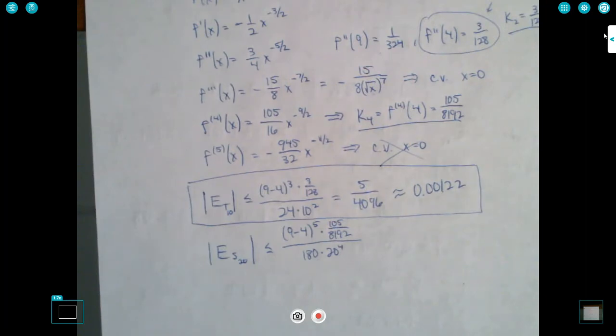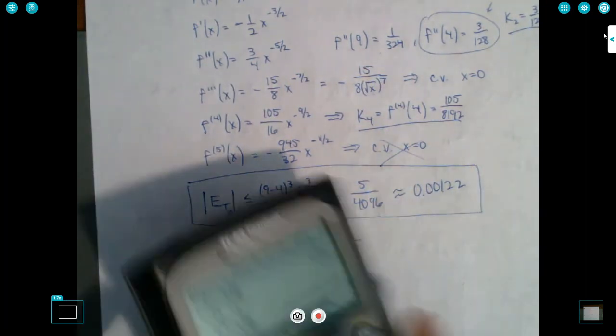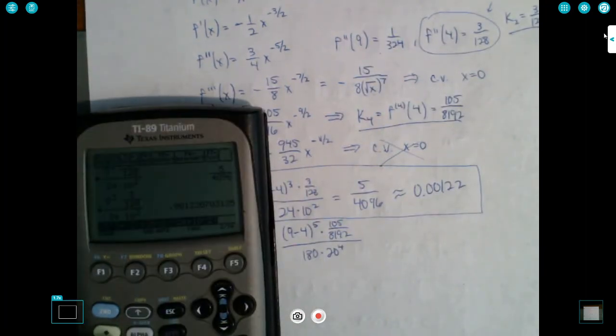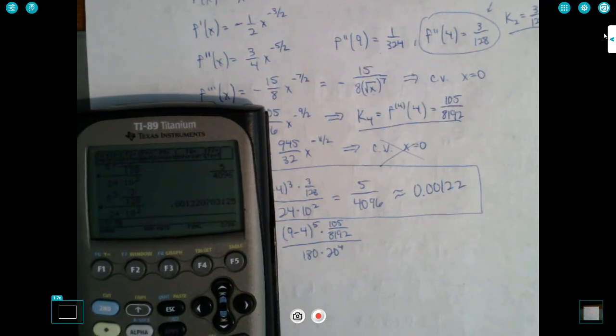This is going to be a tiny number, I feel. Let me punch that into my calculator. It's going to be 5 to the 5th power times 105 over 8192, all over 180 times 20 to the 4th power.